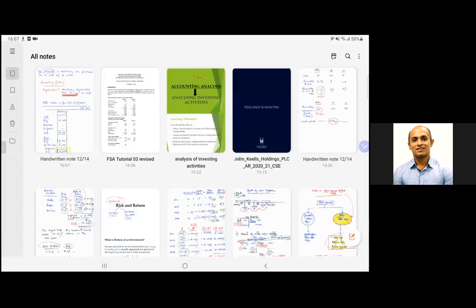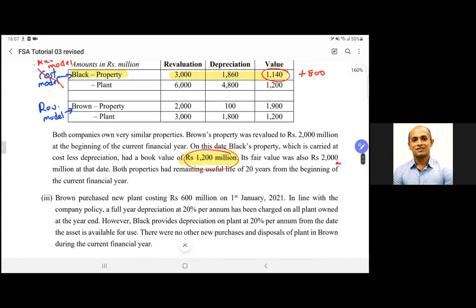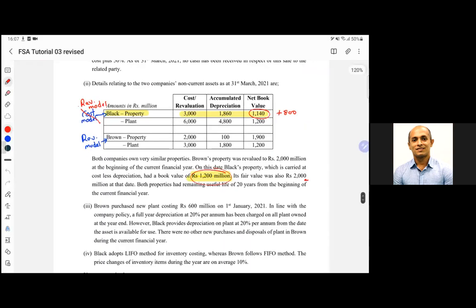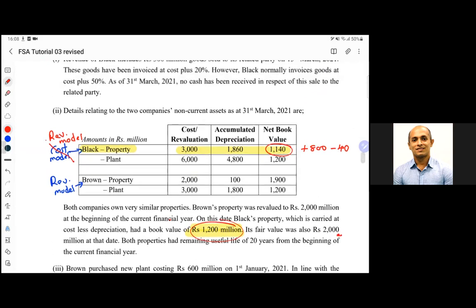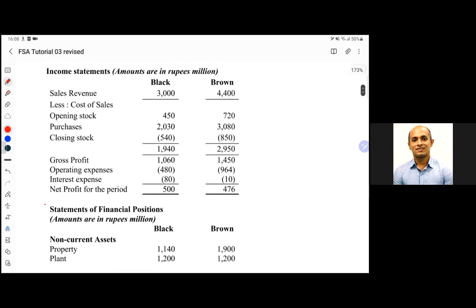Now let's see the adjustment. So additional depreciation reduces the property, plant and equipment value. Asset value decreases, and that goes to the expenses. Expenses increases.